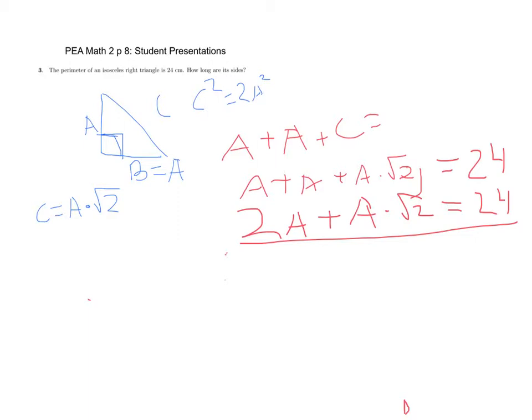Okay, so you would get rid of this, and you would divide by A. I'm thinking not. Put A out in front, and in parentheses 2 times root 2.